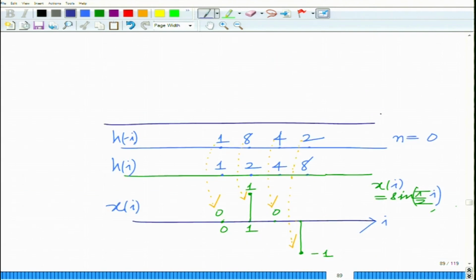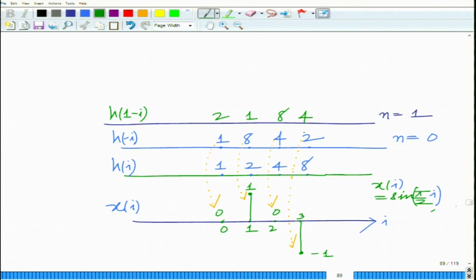At the next time instant, n equal to 1, you will have h of 1 minus i. So h of 1 minus 0 will be h of 1, that is 2; h of 1 minus 1, that is h of 0, will be 1; h of 1 minus 2, that is h of minus 1, modulo 4 is h of 3, so that will be 8; and h of 1 minus 3, h of minus 2, modulo 4 is h of 2, so that will be 4.